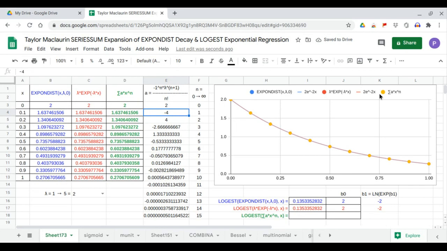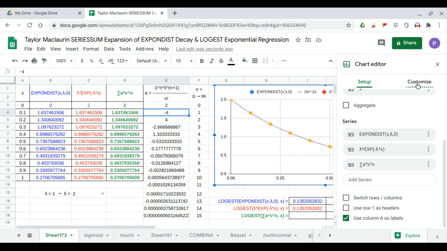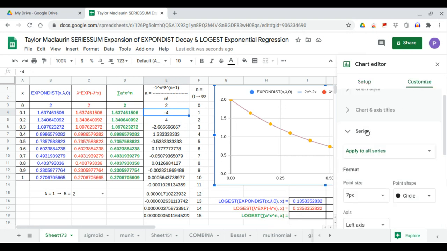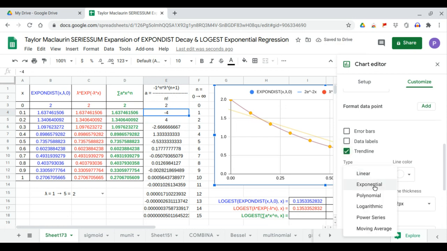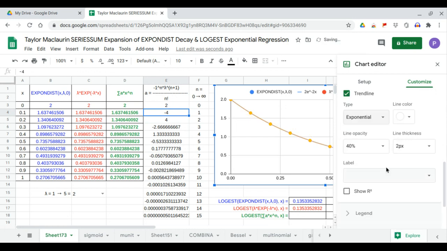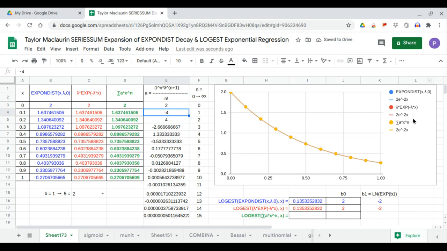There's no equation, so we enter the equation here. Edit chart and series. The trend line will be again exponential and show the equation as labeled. Now they have the same equation.